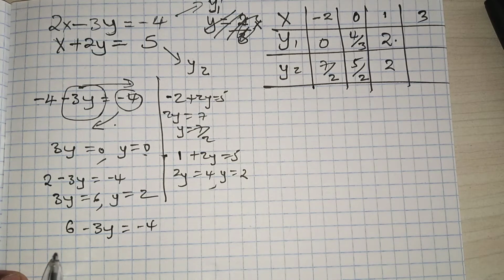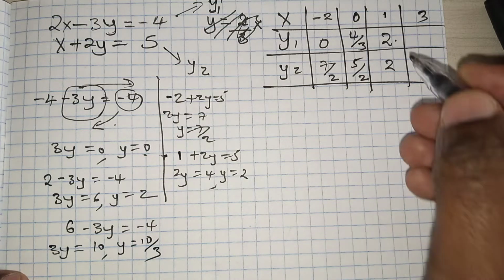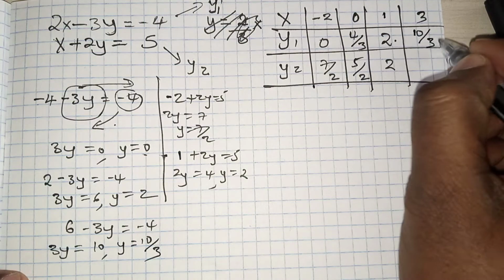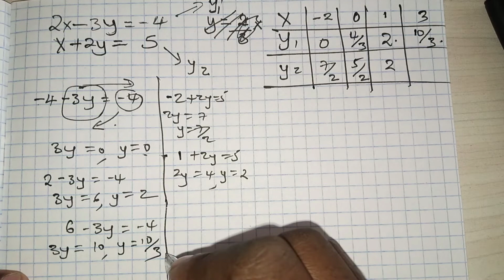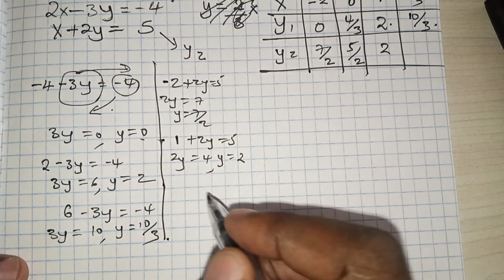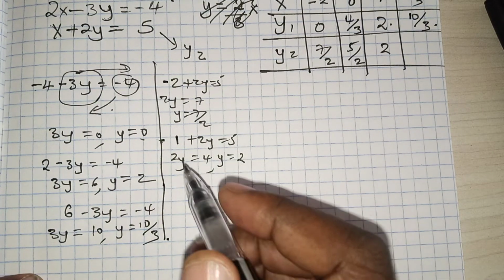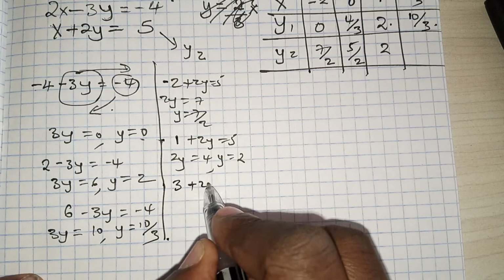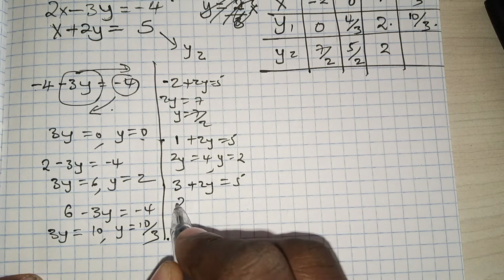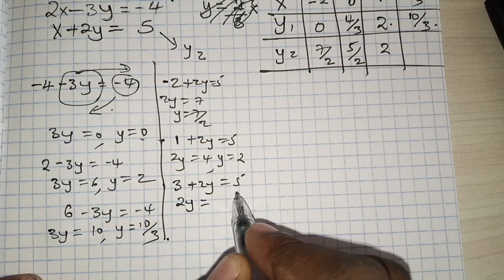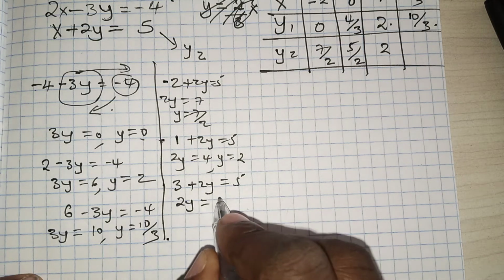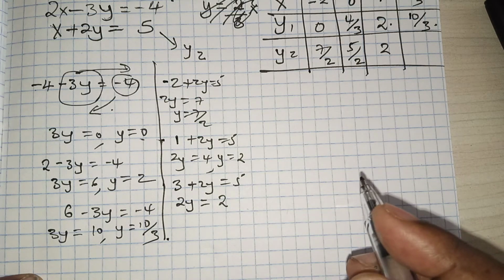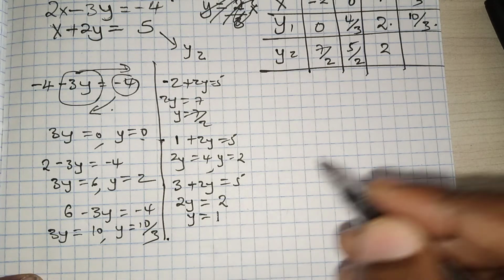In this case, we have 3y is equal to 6 plus 4, which is 10, and y is 10 over 3. For y2, we have x being equal to 3, so 3 plus 2y is equal to 5, and 2y is 5 minus 3, which is 2, and y is 1.